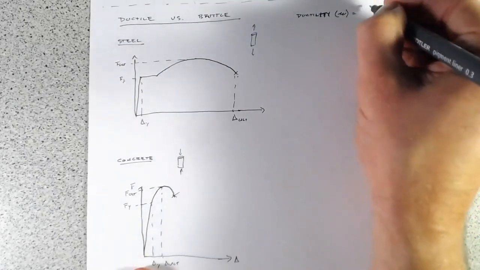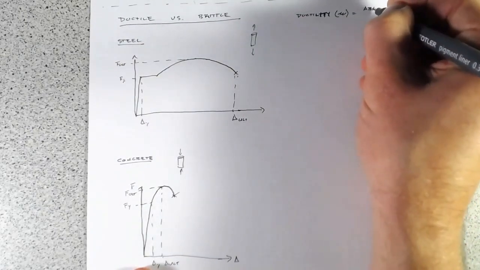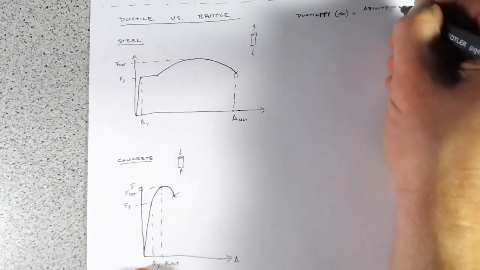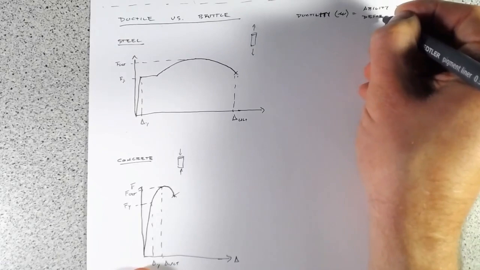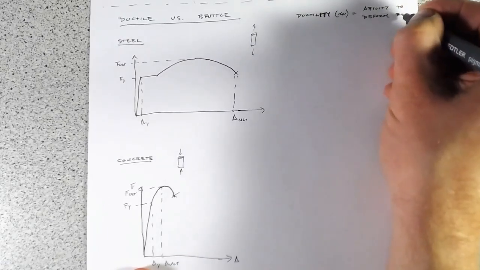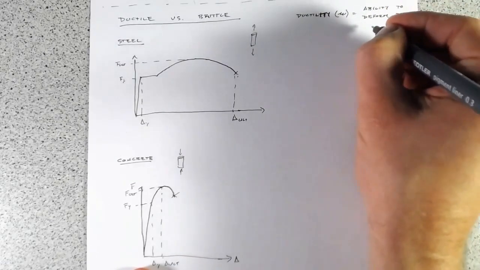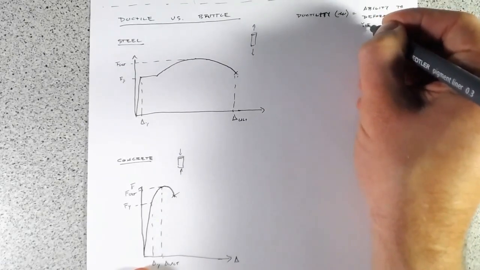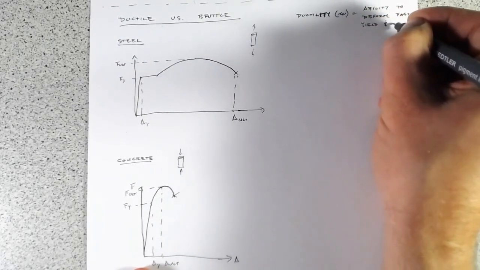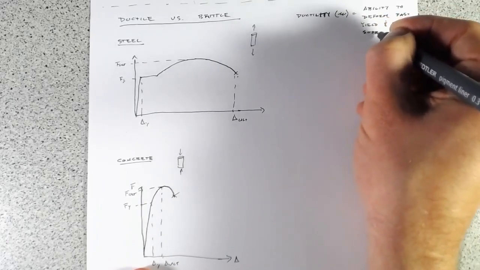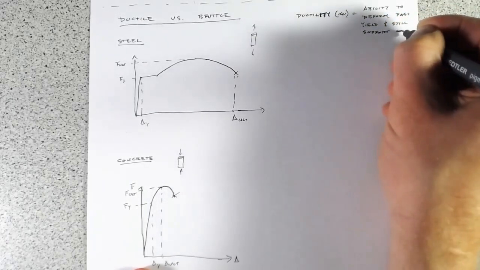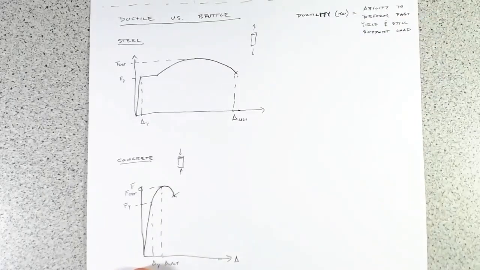So this is the ability to deform past yield and still support load.